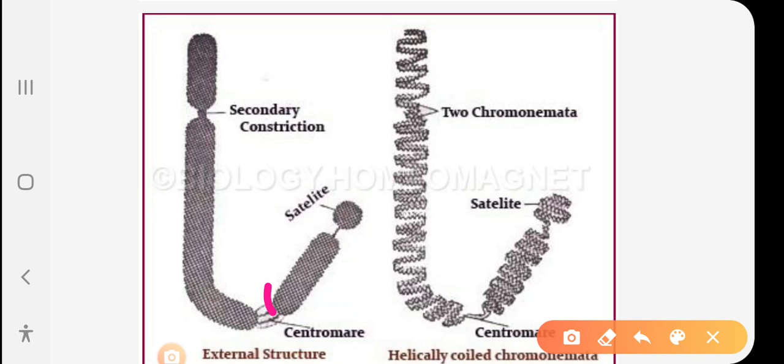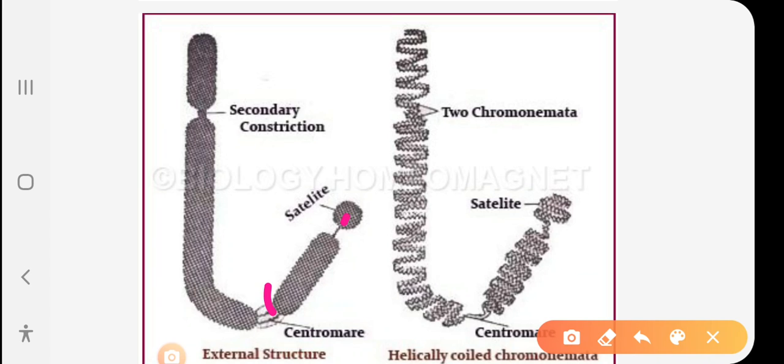Okay, so it is also a special part of the chromosome carrying genetic information, right? The SAT chromosome and the secondary constriction are very specific to the chromosome, and their position is also very specific. That is why they can be used to identify the chromosomes.